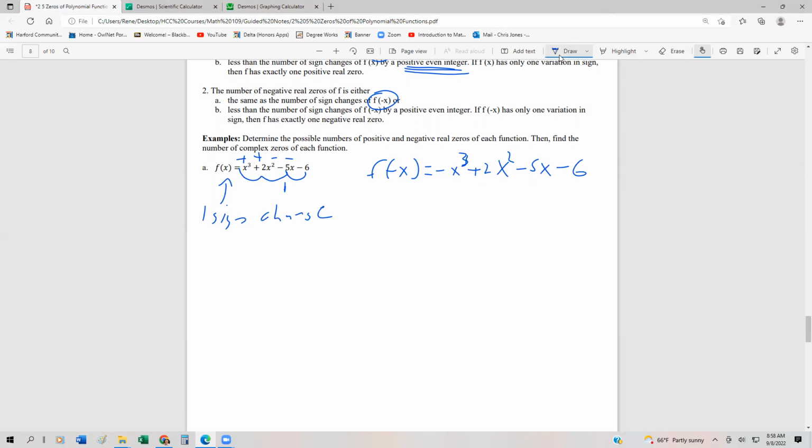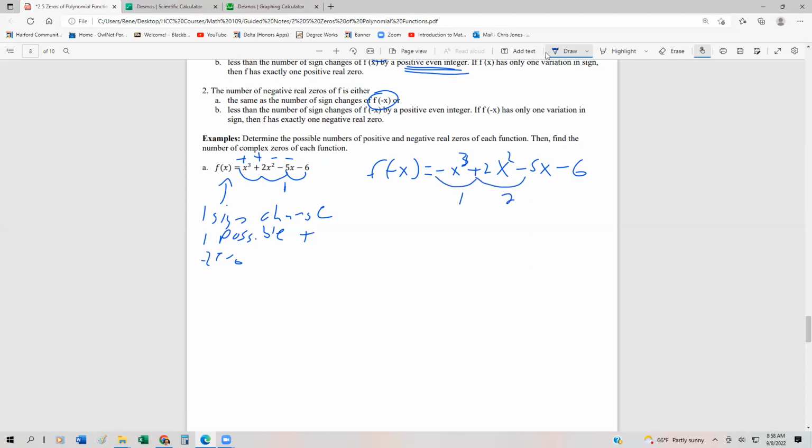And what that means is that there is one possible positive zero.